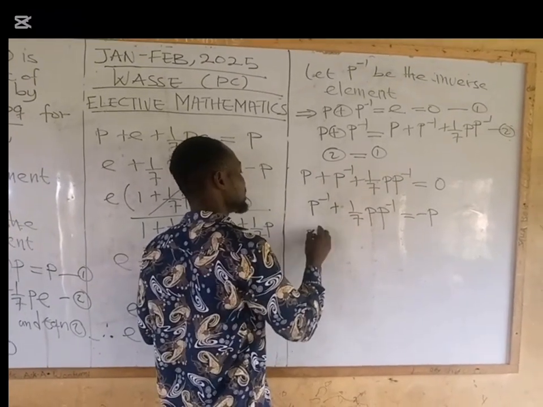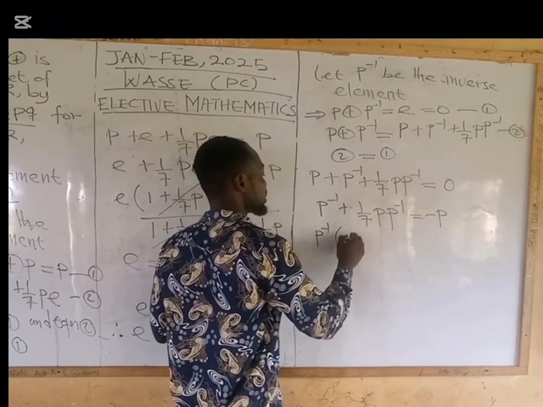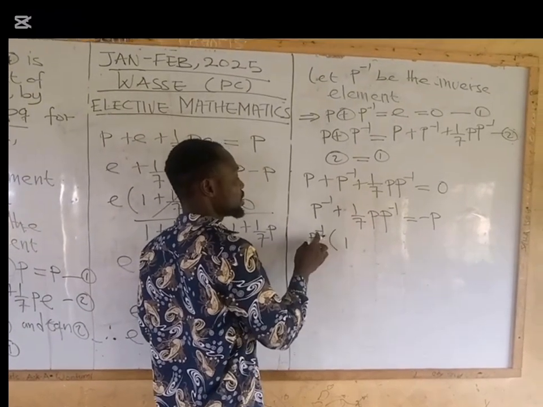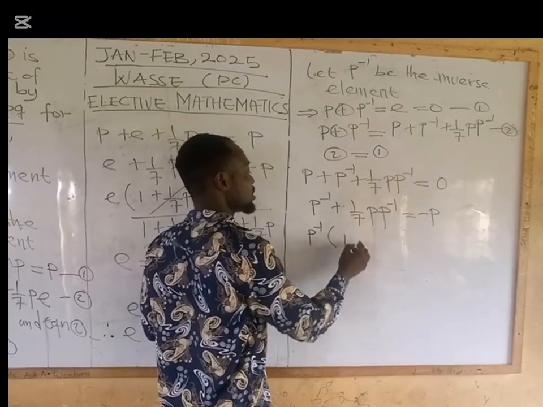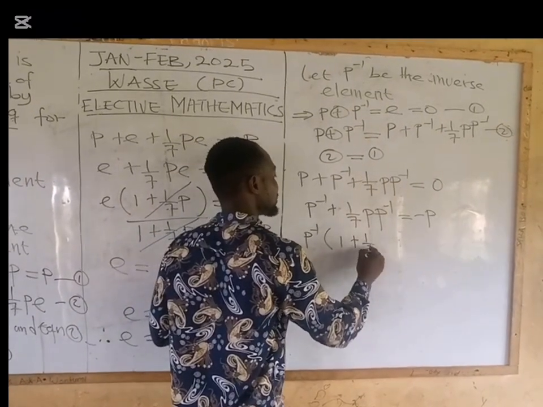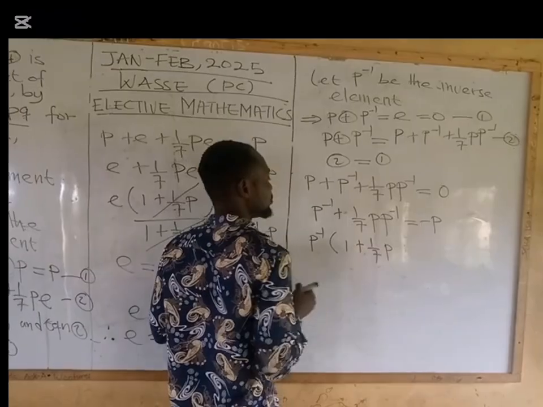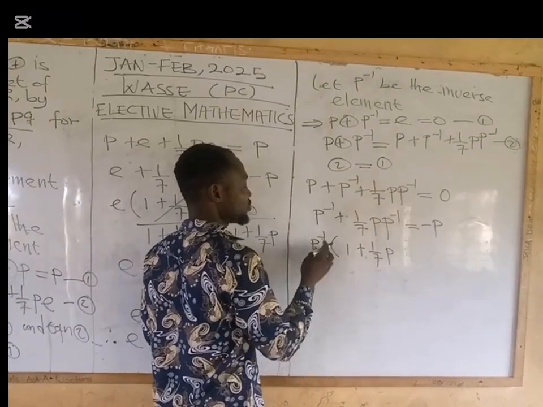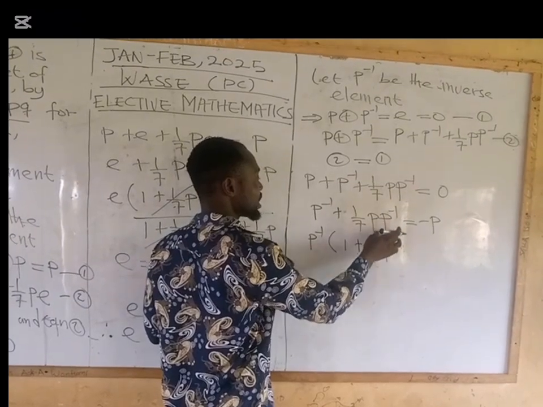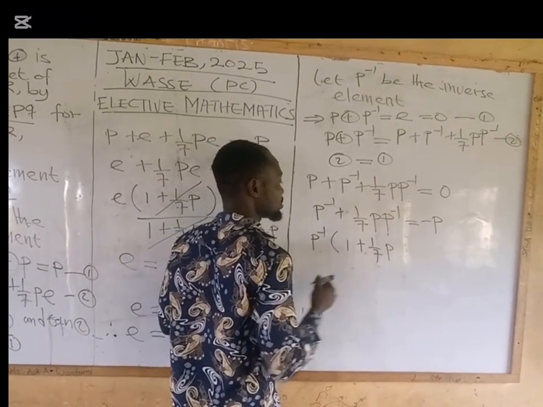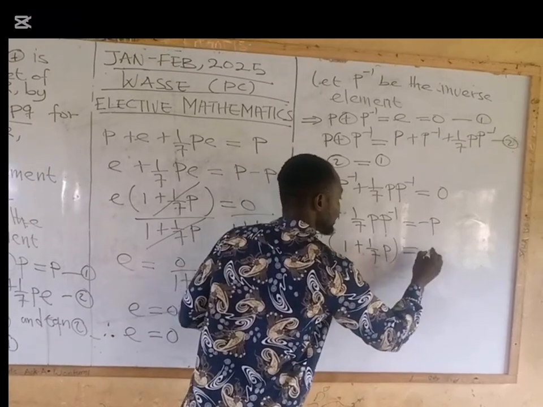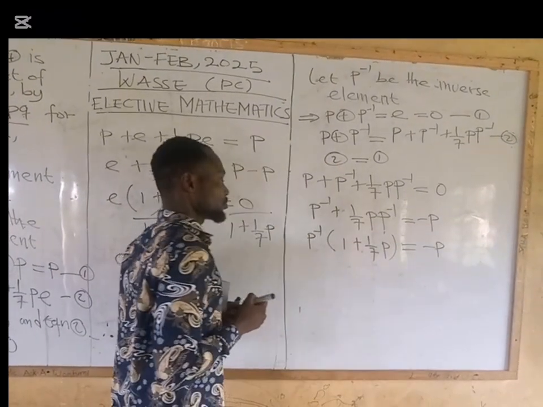We have P inverse times 1, because 1 times P inverse will give P inverse, plus 1/7 P, because we have P inverse here. So when you multiply this by this, we have this value here. So that gives you negative P.